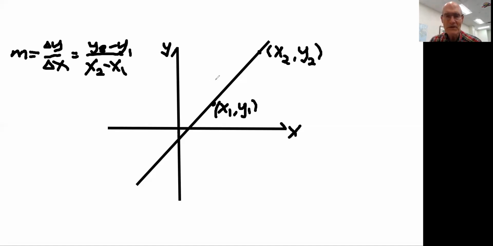Now, the thing to remember, if two lines are parallel, they have the same slope.